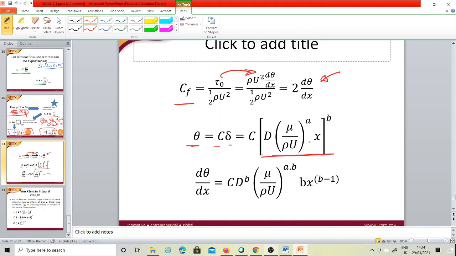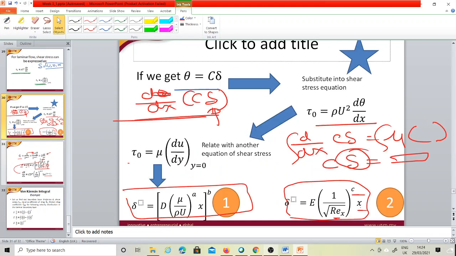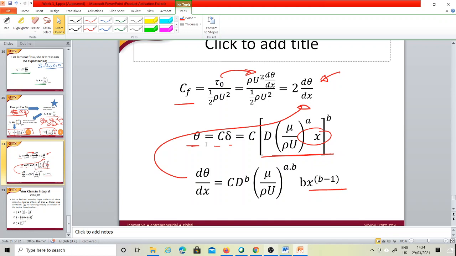If you already have x here, you just differentiate theta by dx, so you will have x to the power b minus 1. Then you need to substitute this one here. This is all the general form. So you already know the theta before, you have solved the delta first, then put the delta inside the equation, differentiate it, and put it back here, then you will get the frictional coefficient.